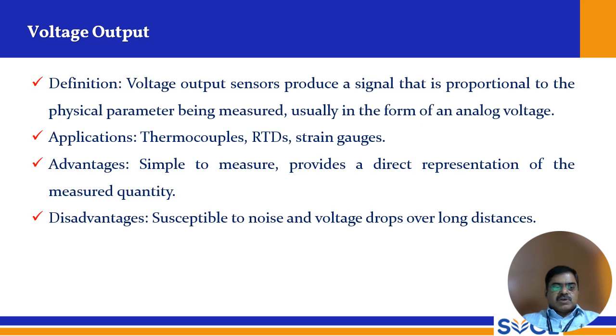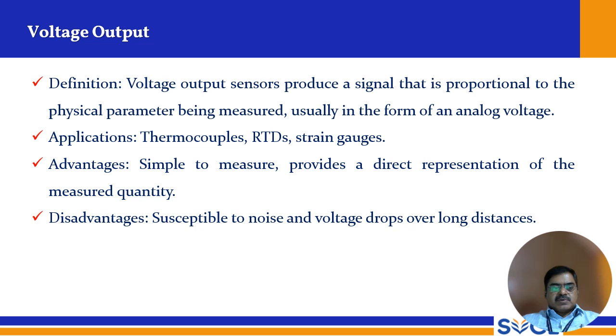Voltage output. Voltage output sensors produce a signal that is proportional to the physical parameter being measured, usually in the form of an analog voltage. In thermocouples, RTDs, strain gauges, and other devices, we can find the voltage EMF or voltage as output. Advantages: simple to measure, provides a direct representation of the measured quantity.